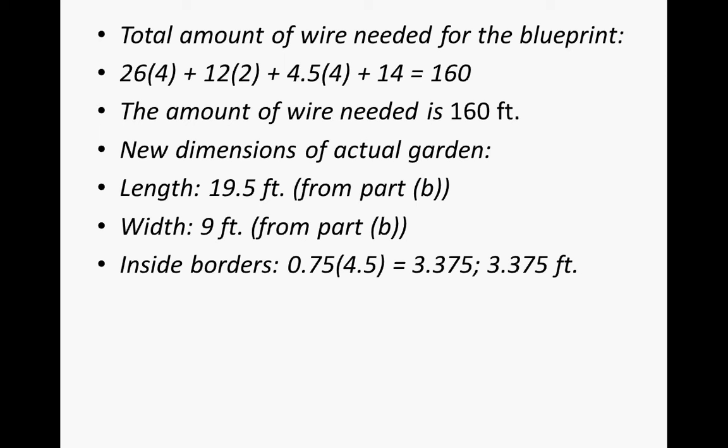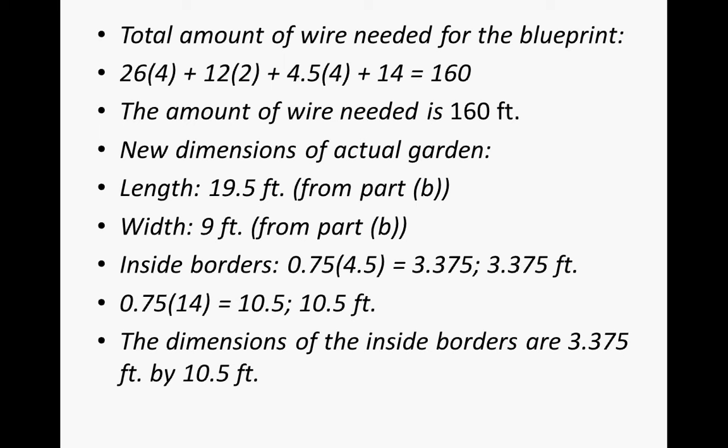So 75% or 75 hundredths of 4 1/2, which would be 3 375 thousandths feet. So we take 75% of 14, which would be 10 1/2 feet, and the dimensions of the inside borders are 3 375 thousandths feet by 10 1/2 feet.